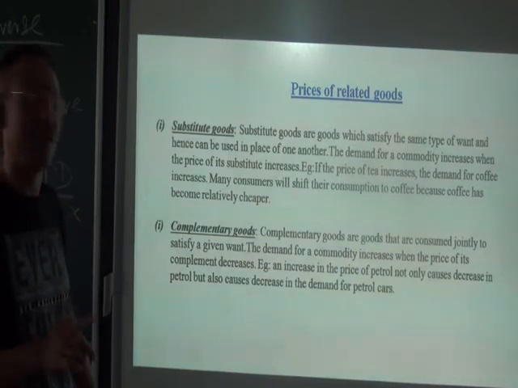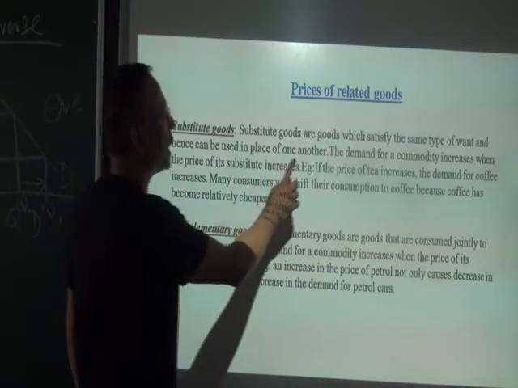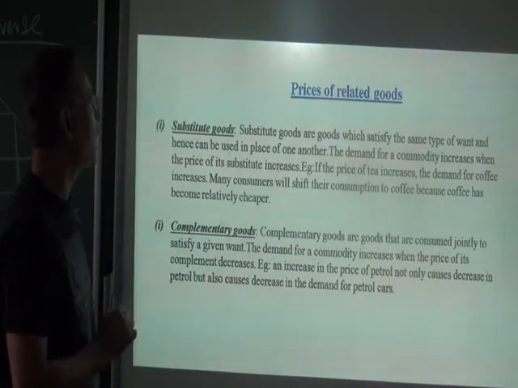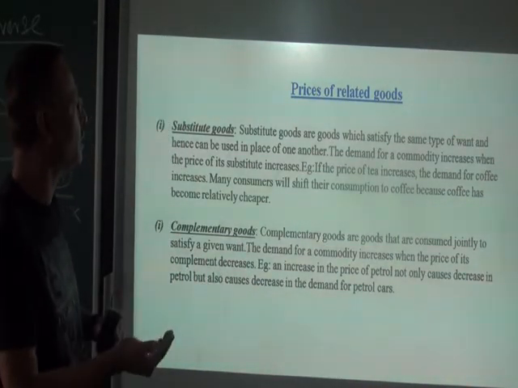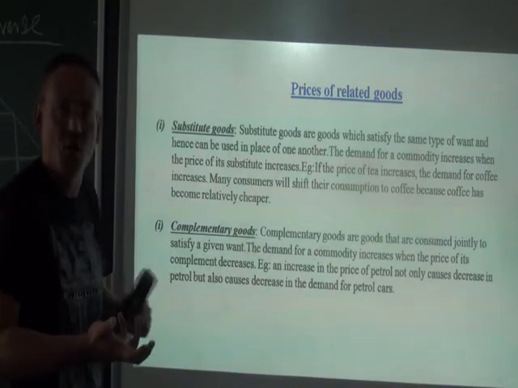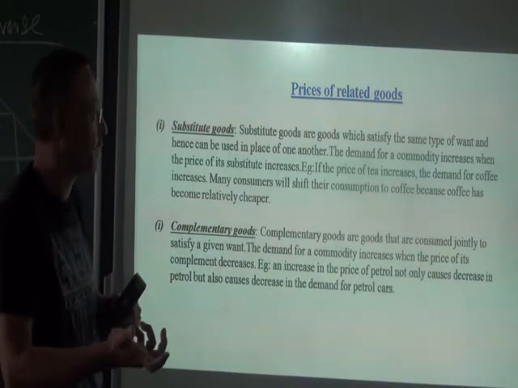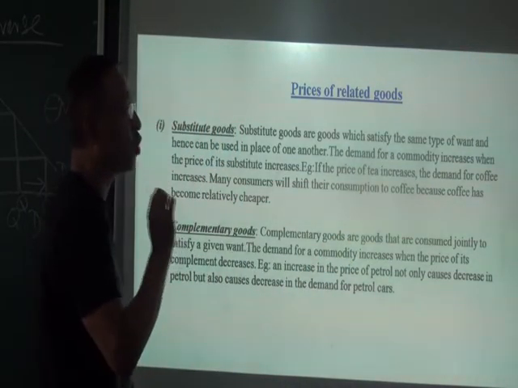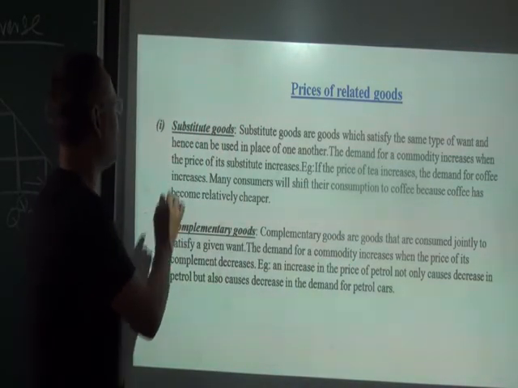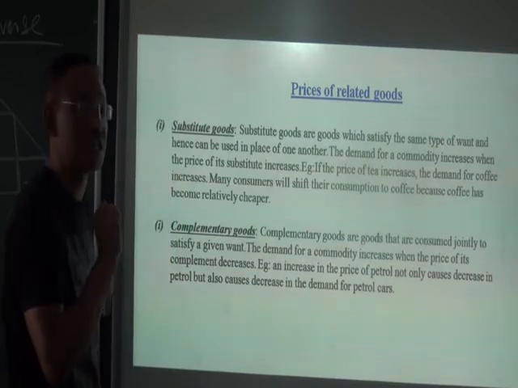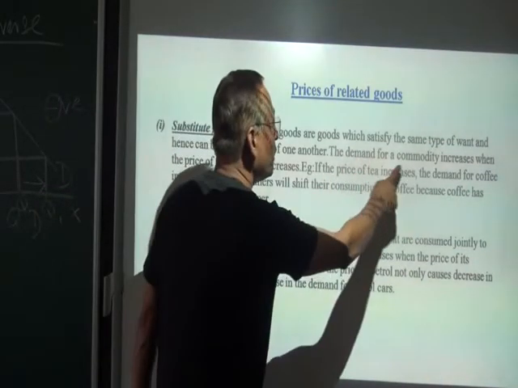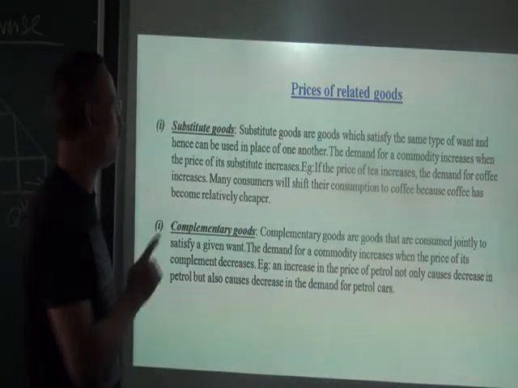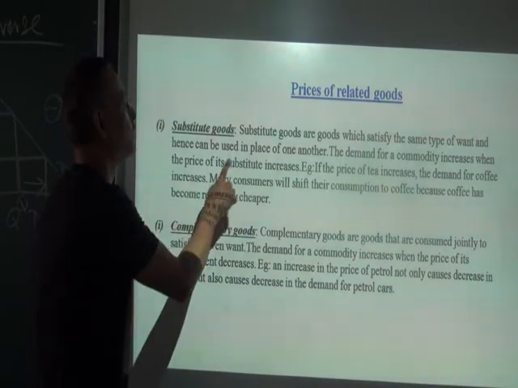You will have to learn the definition. Substitute goods are those goods which satisfy the same type of want and hence can be used in place of one another. For example, tea and coffee, Coca-Cola and Pepsi. The demand for a commodity increases when the price of its substitute good increases. Remember, not the price of your good, but the substitute good.